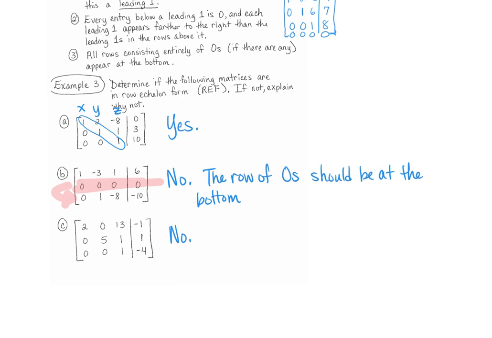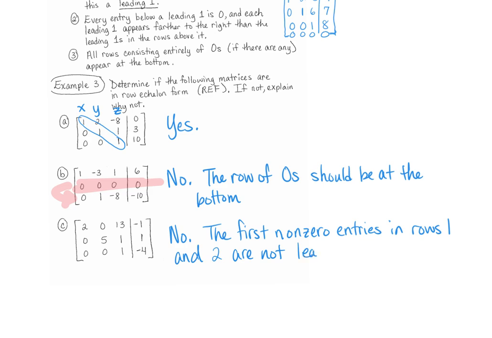You got it. So, no, the first non-zero entries in rows 1 and 2 are not leading ones. Okay?